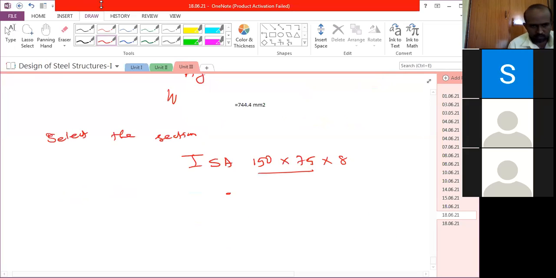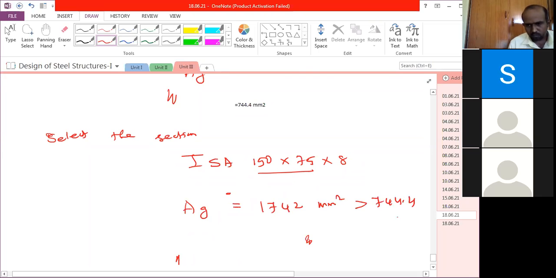The gross area will be how much? You see in the IS table, 75 by 8, 1742 is given. 1742 mm square is greater than the required 744.4 mm square.